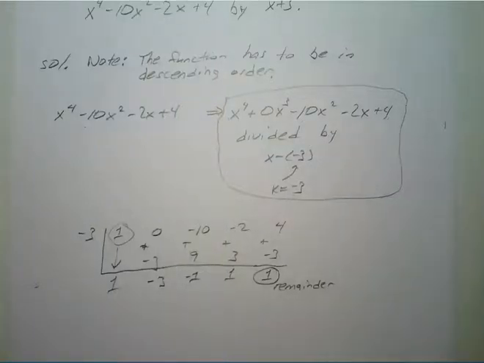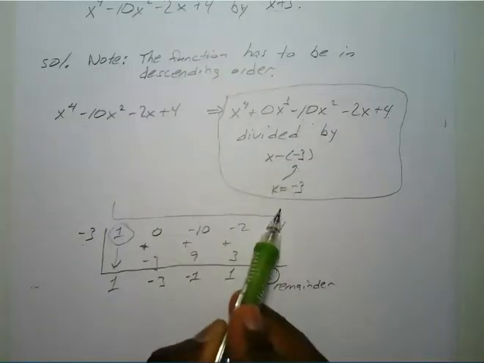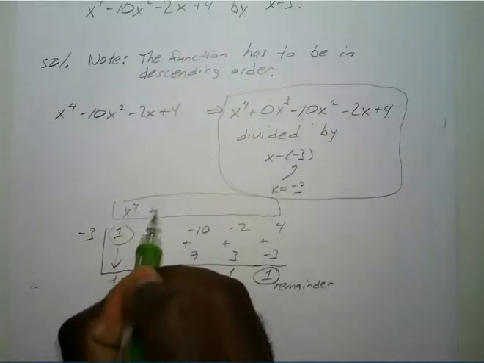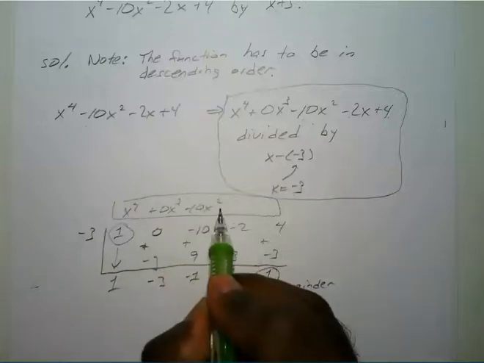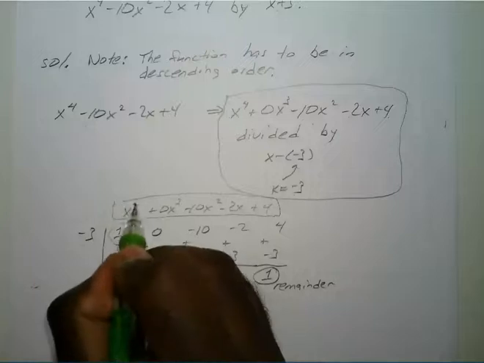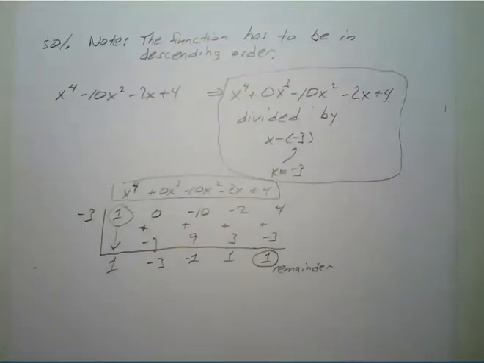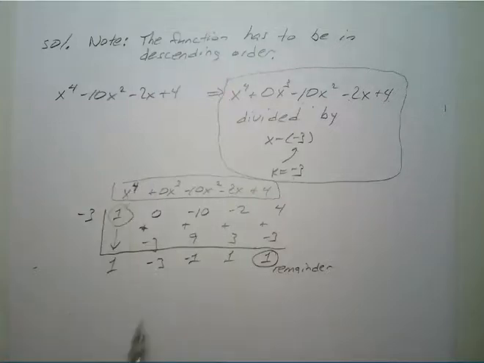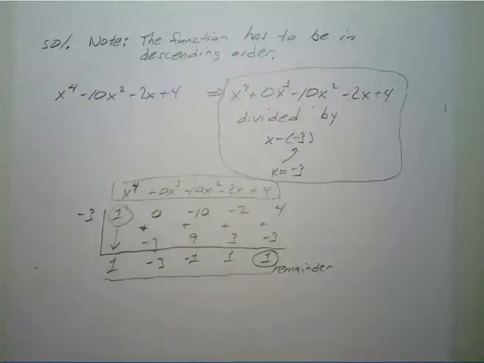Okay, so I'm going to go ahead and show you how we can read this. We know here we have 1x to the fourth plus 0x to the third minus 10x squared minus 2x plus 4. So let me clean that 4 up a little bit. There we go. What we're going to do now is lower each of these exponents by 1. This will tell us how to read that.